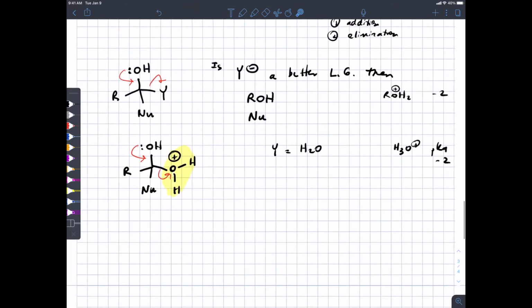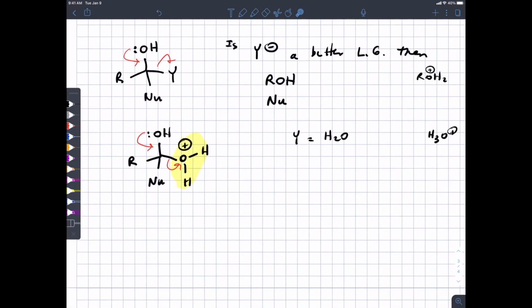You may be asking, how on earth did we get hydronium there? Don't worry about that, we'll come to it later. Okay, what else? Yeah? Just a quick refresher question. So if the pKa is lower, depending on which pKa is lower, that will decide which leaves. Right. So we're really dealing with two questions here.